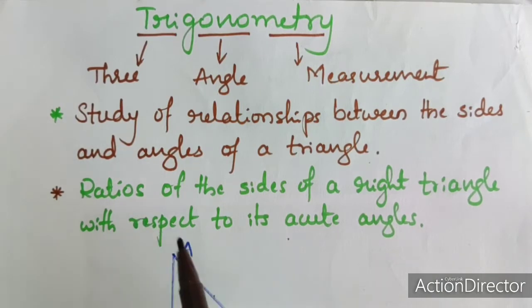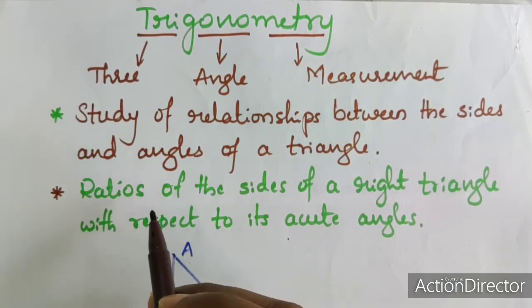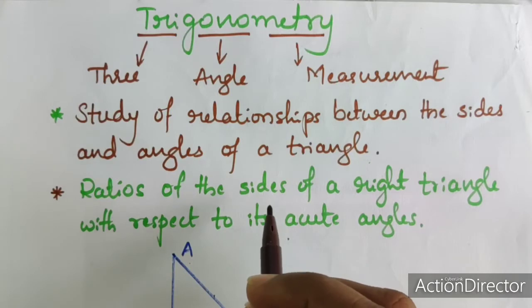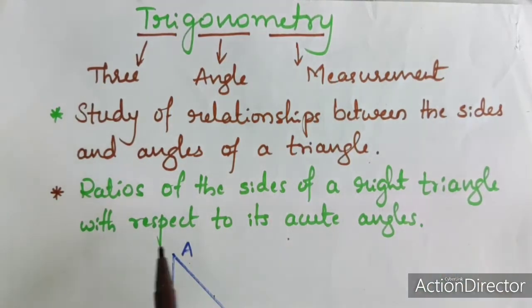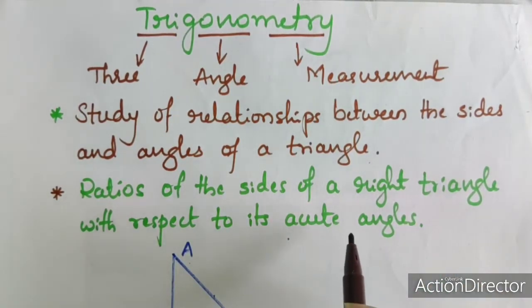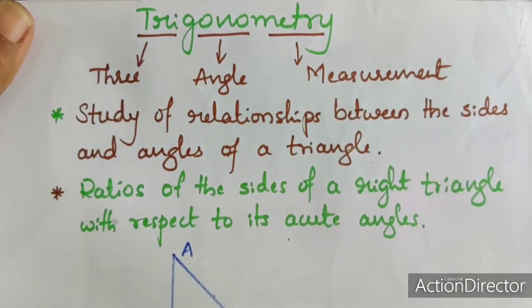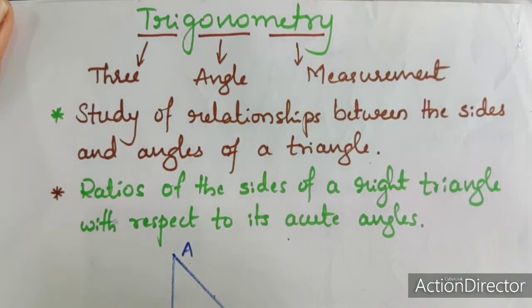We will study the relationships between the ratios of different sides with respect to the acute angles. So when you say acute angles, in particular here we are using a right angle triangle especially. So we have to have a clear idea about right angle triangle to study trigonometry in detail.